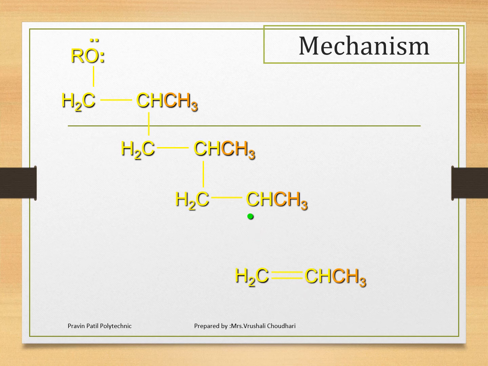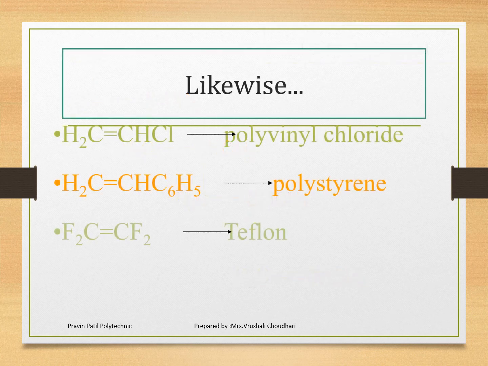The double bond breaks and the radical continues to form a polymer. Likewise, when polymerization takes place, monomers are converted into the polymer. If it is an ethylene group, the polymer is called polyethylene.